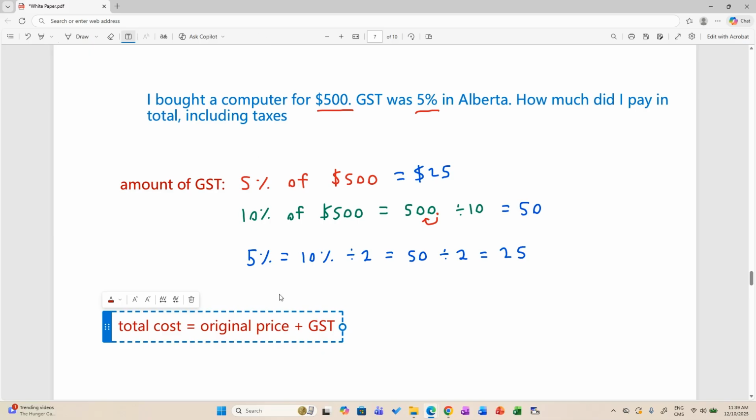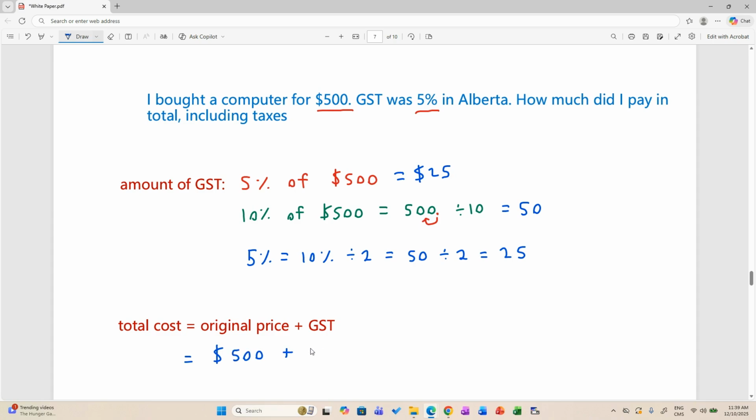So to find total cost, all I simply do is take my original price or the original cost of $500. I add it to my GST, which is $25, and my total cost is now $525. And this is how you would do a question with just GST by itself, not including any discounts.